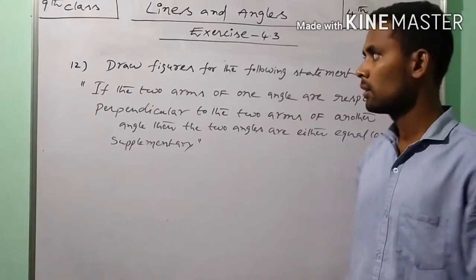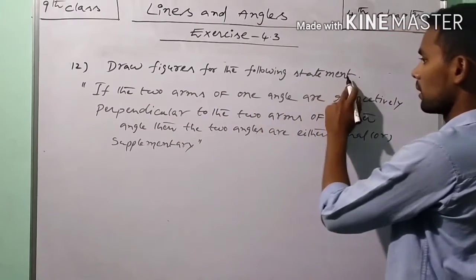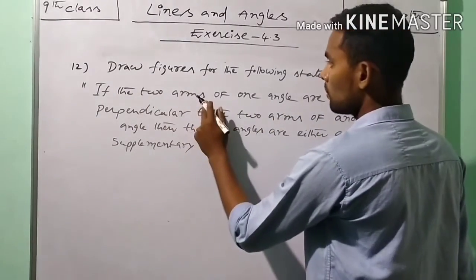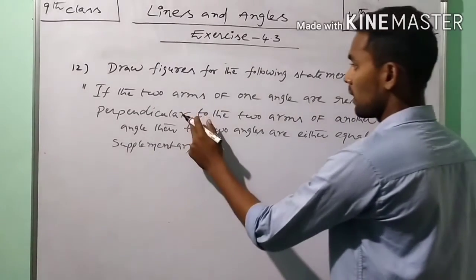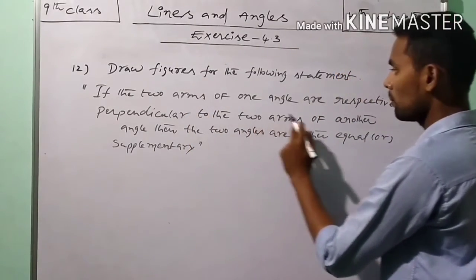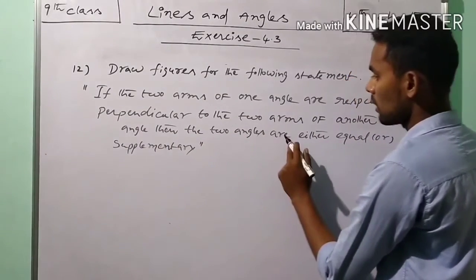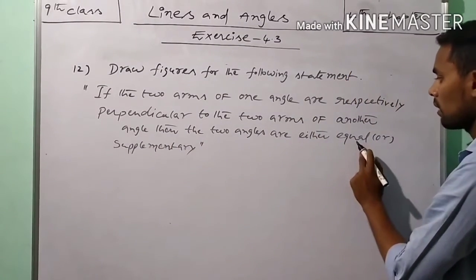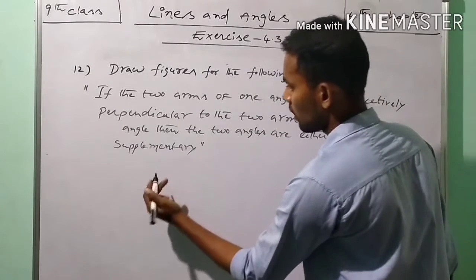12th bit. Draw figures for the following statement. If the two arms of one angle are respectively perpendicular to the two arms of another angle, then the two angles are either equal or supplementary. Draw a figure.